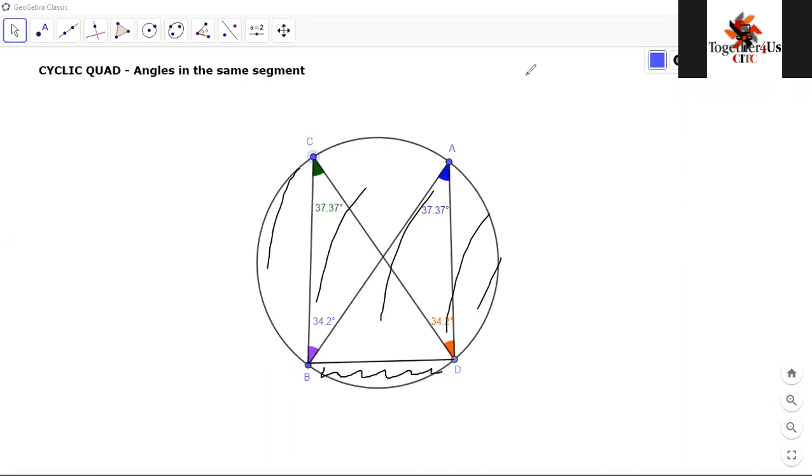But of course, we've got to check which chord they are on. You can see clearly angle C. If you trace with me here the chord that subtends angle C and angle A, you'll see it's called BD.